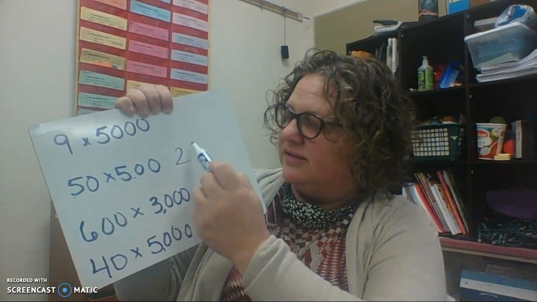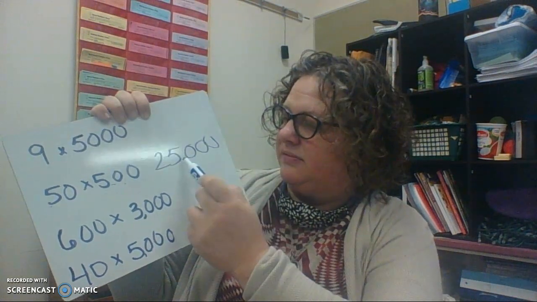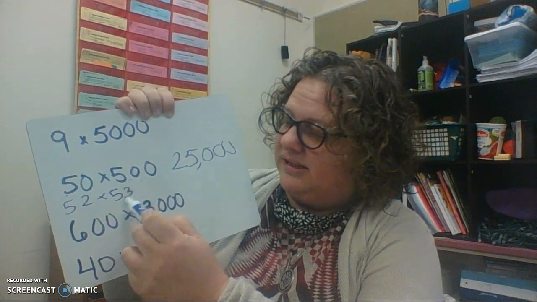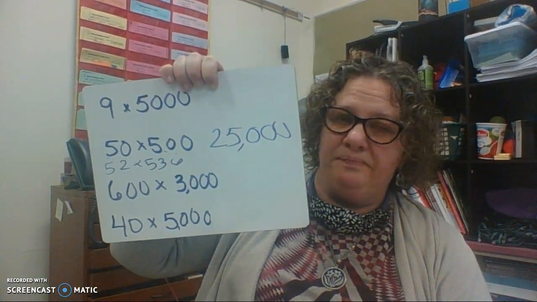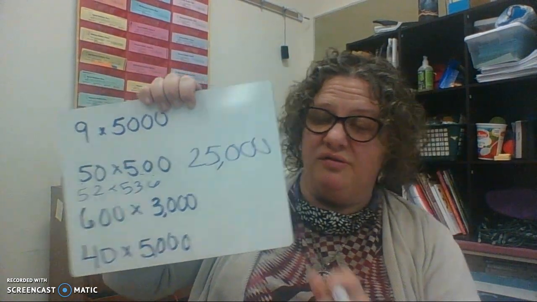Well, we could estimate this in our head and figure out that 5 times 5 is 25 easily. And we count those zeros, 1, 2, 3. We get 25,000. So if you can estimate that in your head, if this were 52 times 536, then you would know that the answer is going to be around 25,000. Okay, this type of problem really comes in handy down the road when we start doing that multiplication.